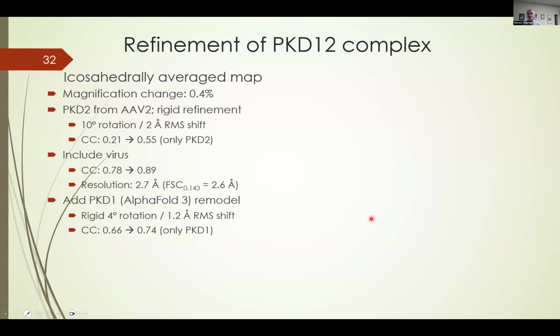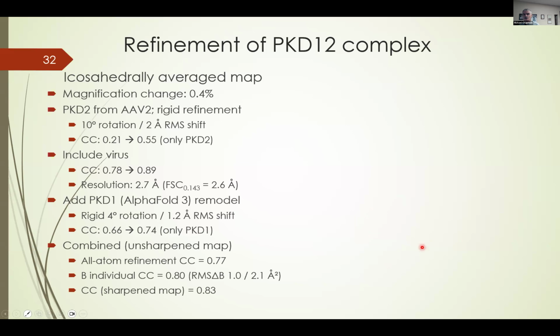And now we added the PKD1 from our mutated AlphaFold 3 model, where I'd rotated a domain by 90 degrees. On refinement, it moved a further 4 degrees, and the correlation coefficient improved nicely just for the PKD1.